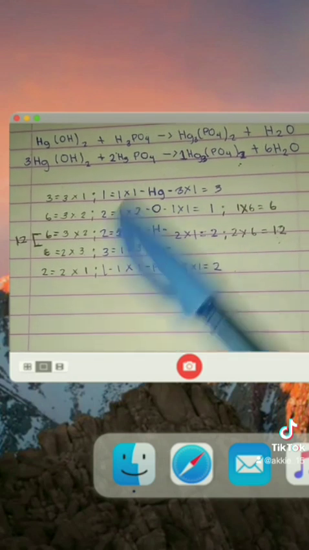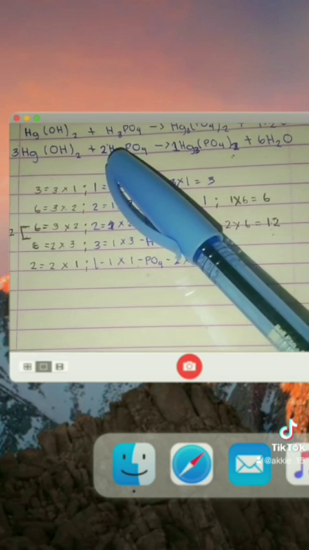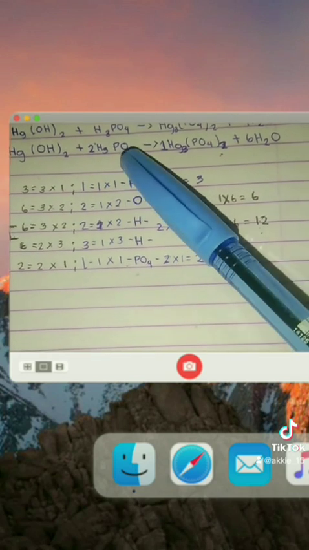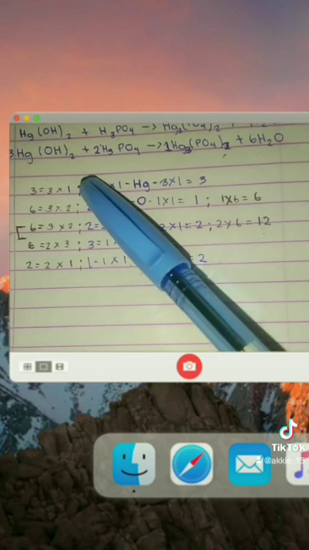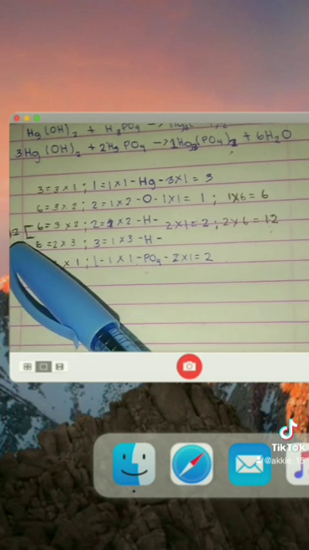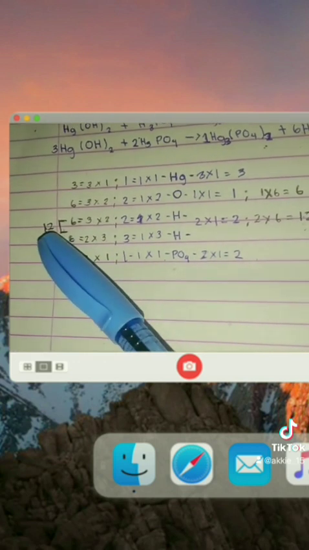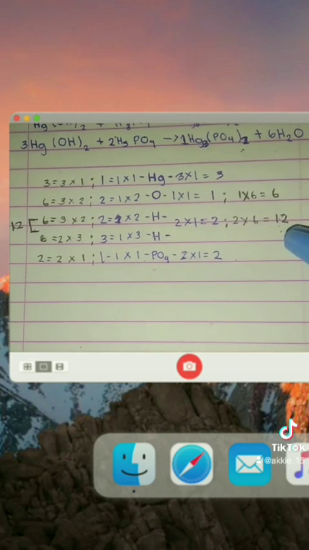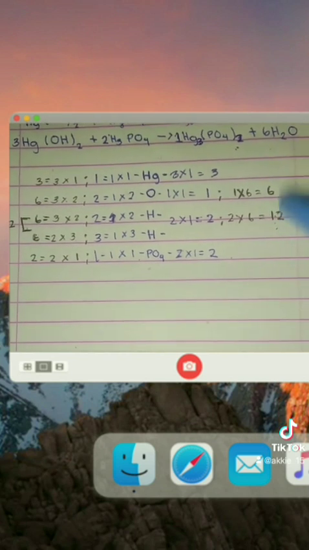Since we have put a coefficient 2 here, our hydrogen will also change. So we now have 3 times 2 equals 6. We add this to the 6 hydrogens, and this will equal 12. On our product side, we also have 12 total atoms of hydrogen.